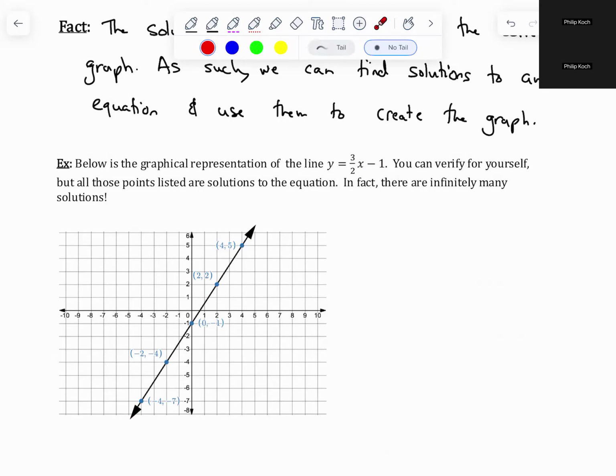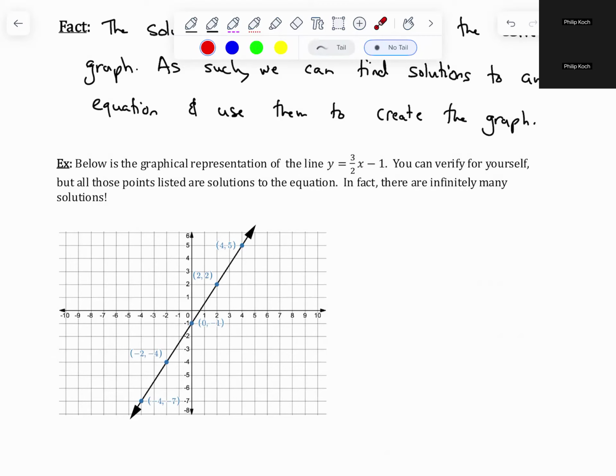You can even go crazy. You can do x equals 3 and you'll find that you get y equals 3.5. Or you could go even more crazy and go 3.1 and find the corresponding y value as well. You can keep finding as many points as you want. Almost every equation in existence usually has infinitely many solutions, every two-dimensional equation.